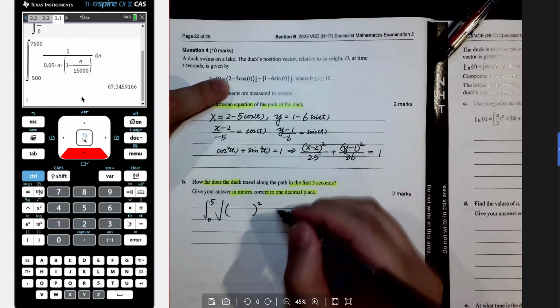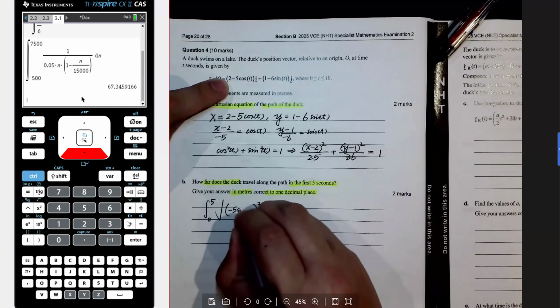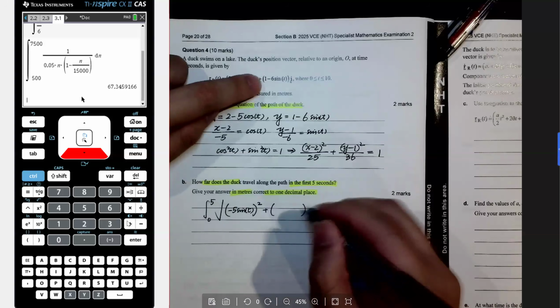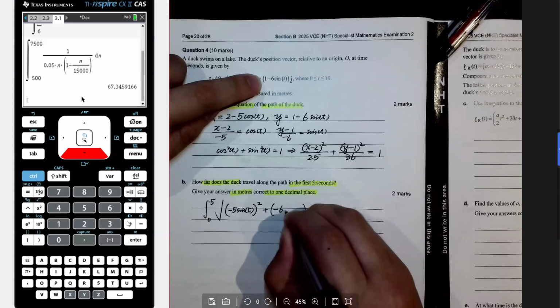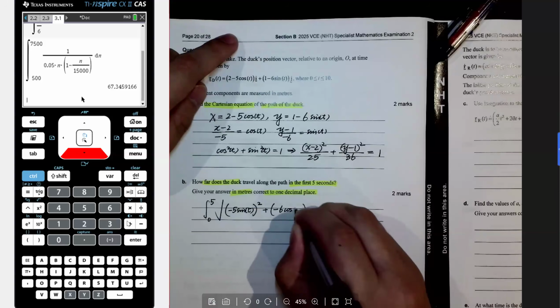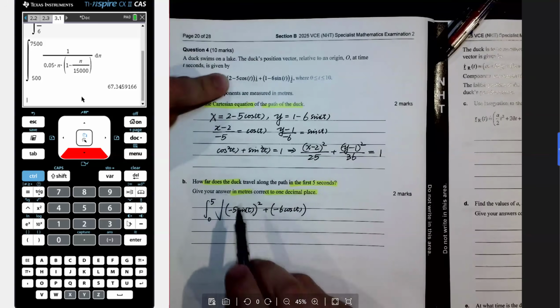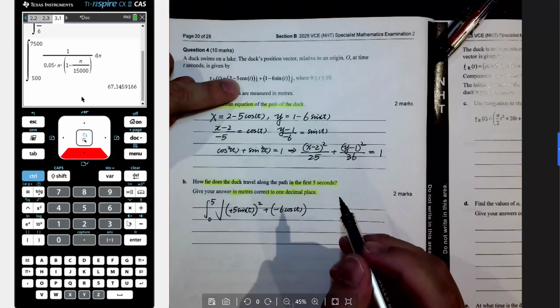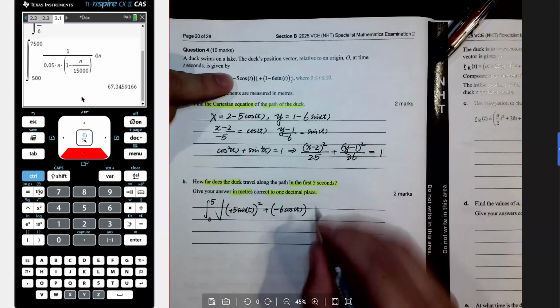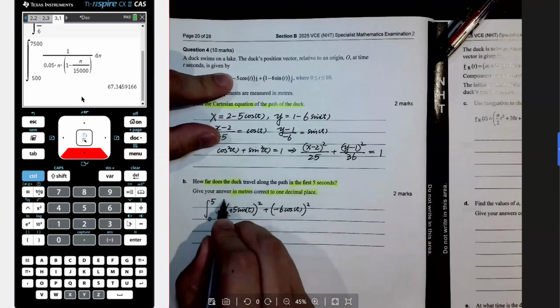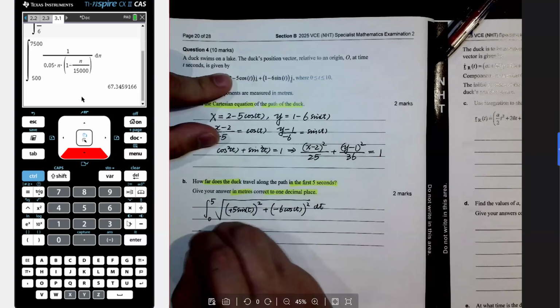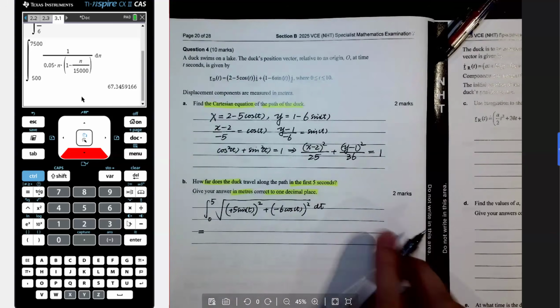The derivative of this is minus 5 sine t, and the derivative of the j component is minus 6 cosine t. Actually, this is a plus. Cosine derivative is negative sine, so positive. Yep. This is squared. And then you just integrate that from 0 to 5.